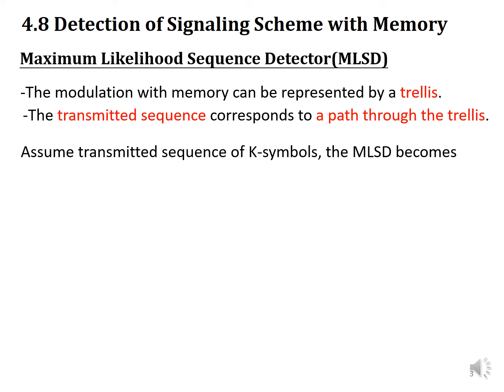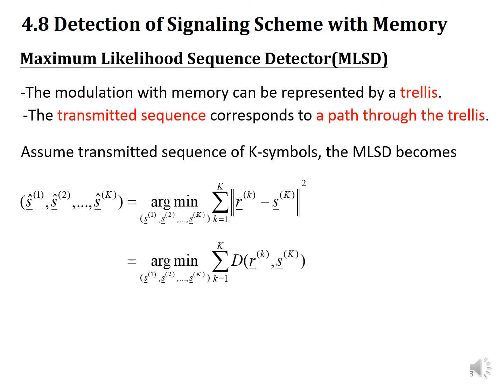Okay, so now we assume a transmitted sequence of K symbols, and the receiver would also receive K symbols, right?